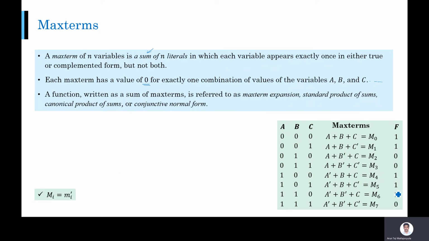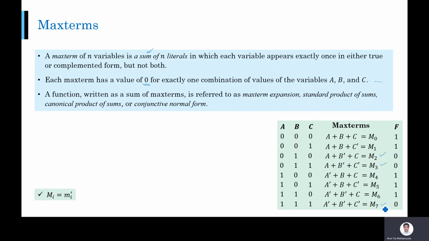Let us take an example. This is my function. You can see that the function is 0 for M2, 0 for M3, 0 for M7. Capital M is used for max term, small m is used for min term. I forgot to mention that.